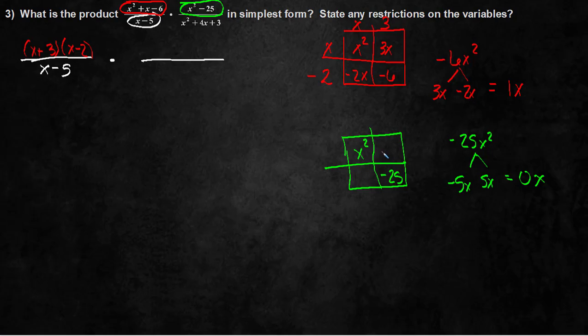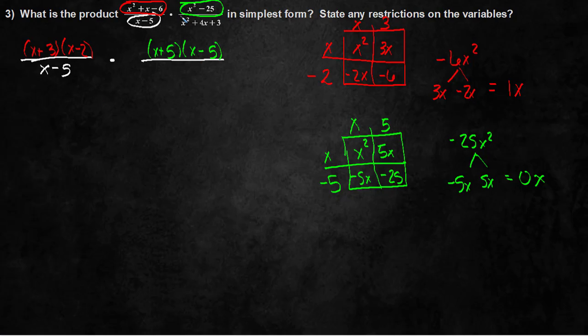And then we are going to fill those in here. First column, an x can factor out. Second column, a 5 can factor out. First row, an x. Second row, a negative 5, because it was closest with a negative. So we have x plus 5 times x minus 5.